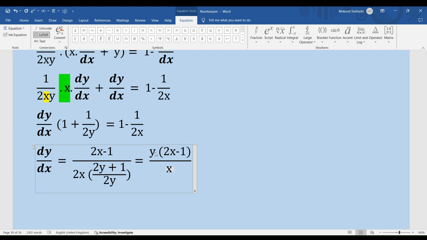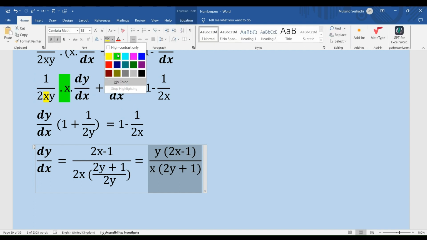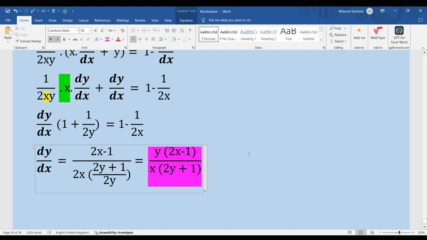I'm talking about the 2 in the denominator, and I have 2y plus 1, right? So this is what we have. So my dy by dx equals y into 2x minus 1, the whole divided by x into 2y plus 1, right? So let me highlight it in pink, and there we have our final answer.